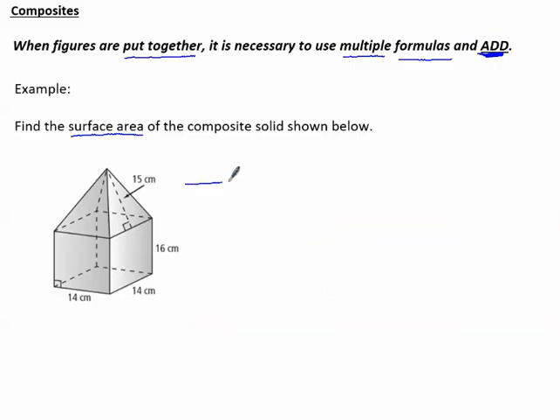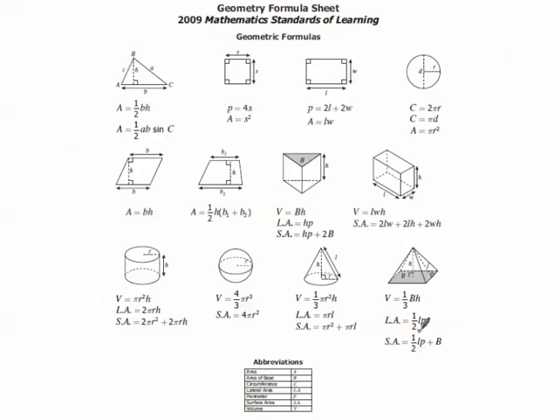For the top, which is the pyramid, from our formula sheet, we see that the surface area is this formula. However, remember that the surface area is the area for all of the faces of the pyramid, which means all of the sides, including the base.